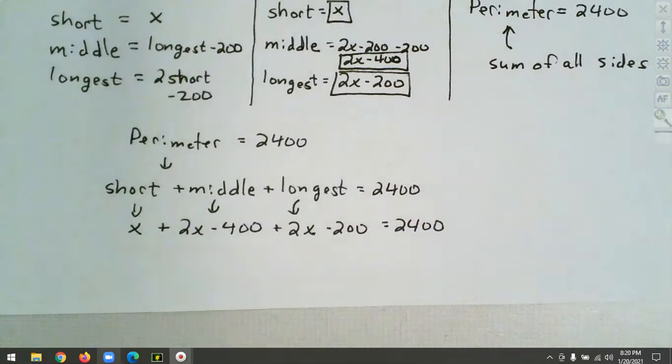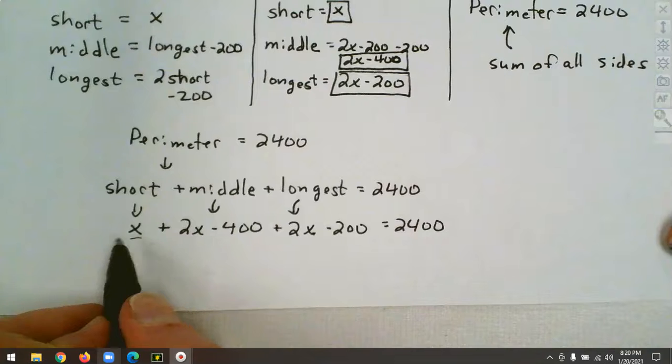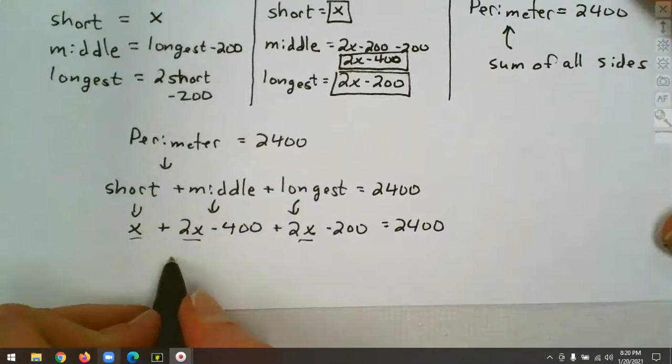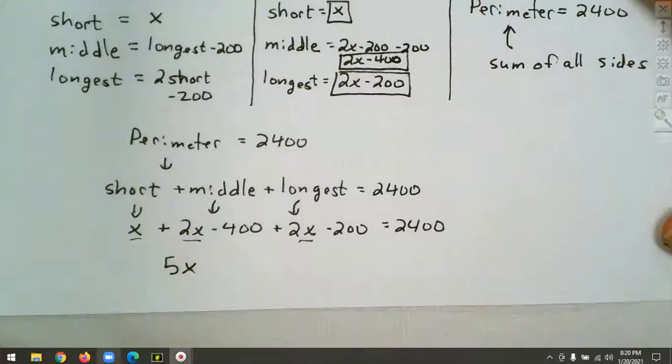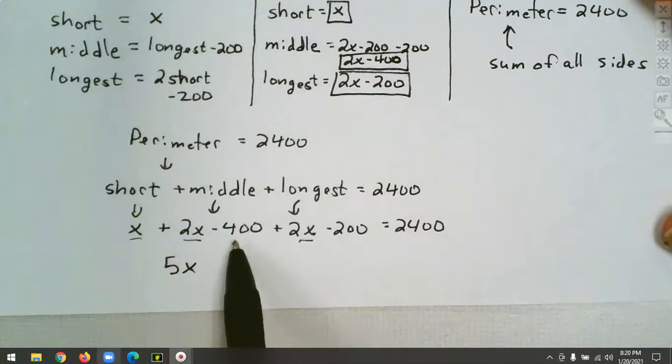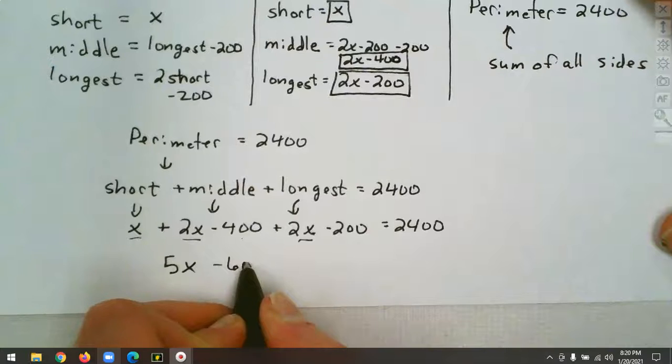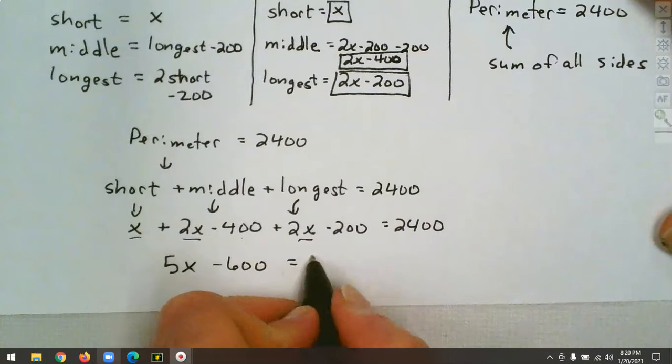So let's go ahead and combine our like terms together. See how many x's we have. We have an x, another 2x, and another 2x. That makes it then 5x. And then we've got minus 400 minus 200. Makes it minus 600.